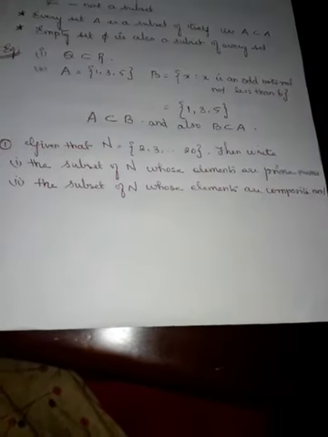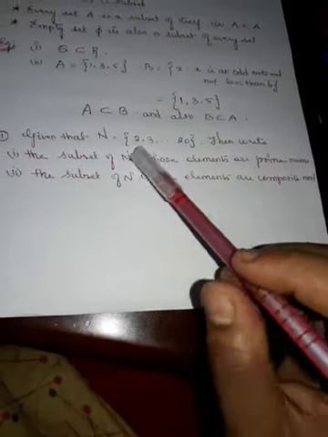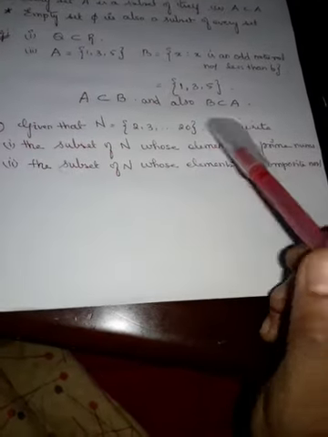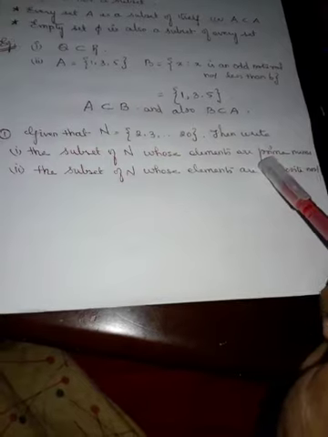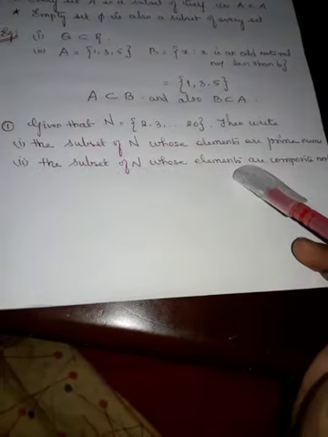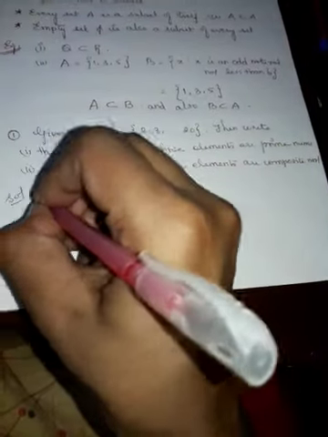Let us see one problem. Given that n is equal to 2, 3, etc. up to 20. This is a set. Then write the subset of n whose elements are prime numbers, and the subset of n whose elements are composite numbers. We can easily list them out, right? Now what will be the solution for the first one?